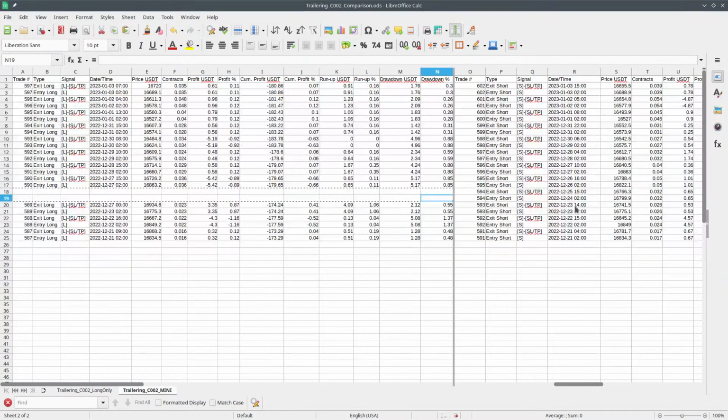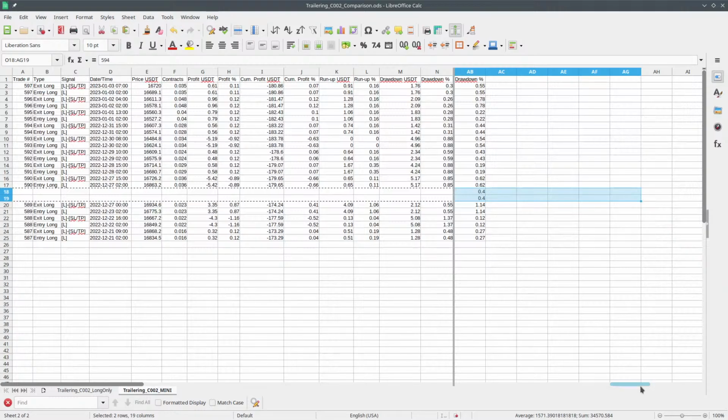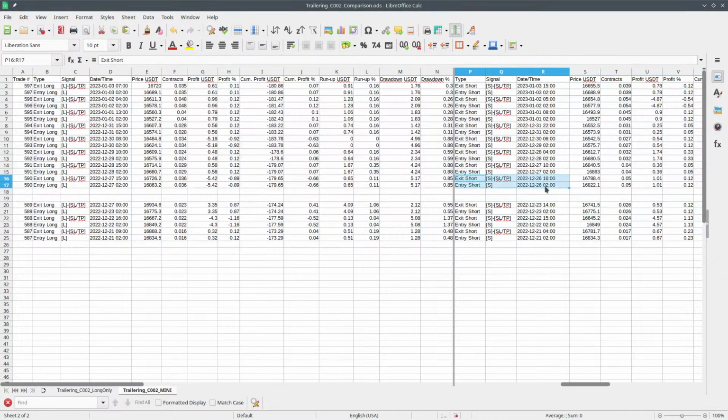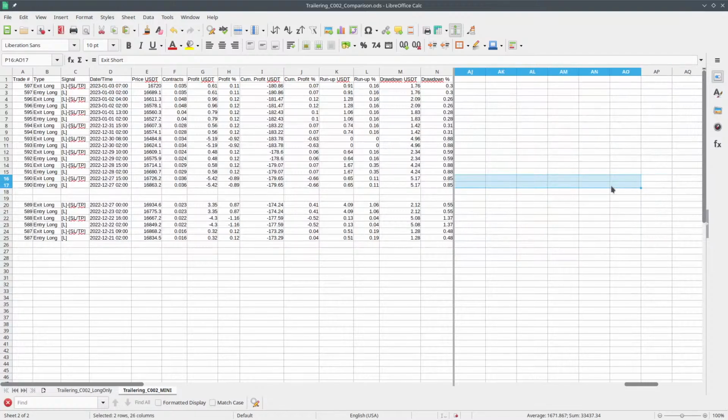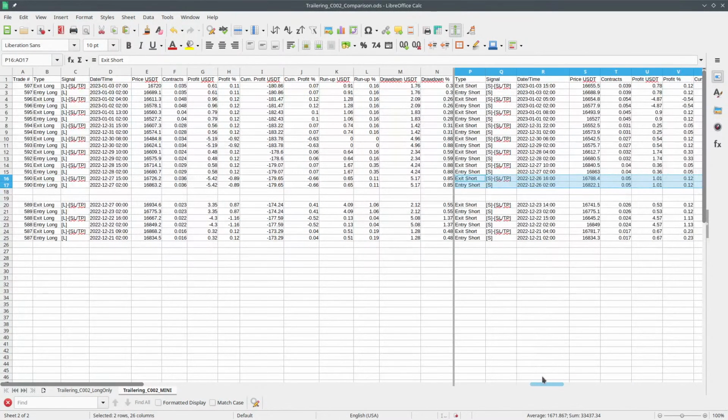So that means that here on the right, we don't want this thing here. And we don't want this one either. Because it doesn't match what we are doing there.